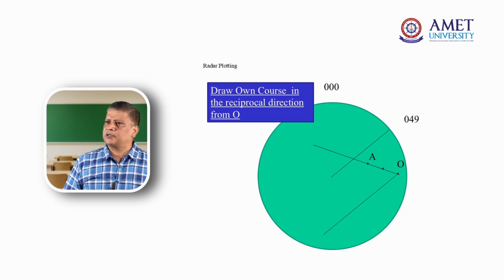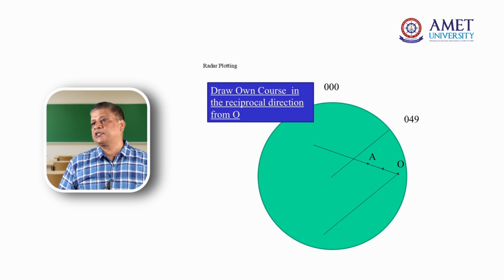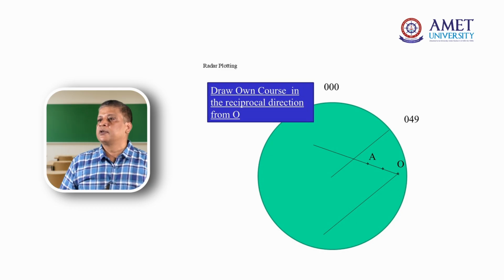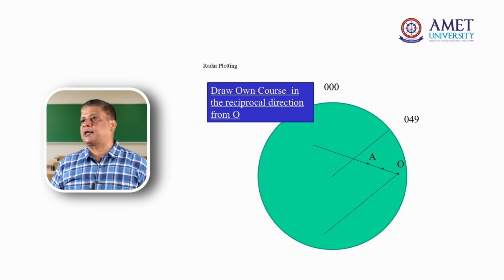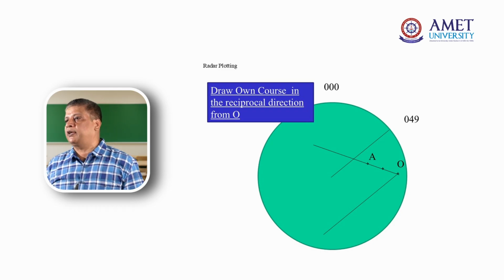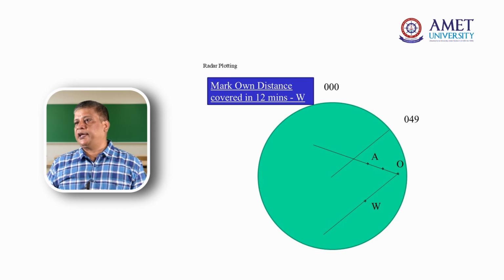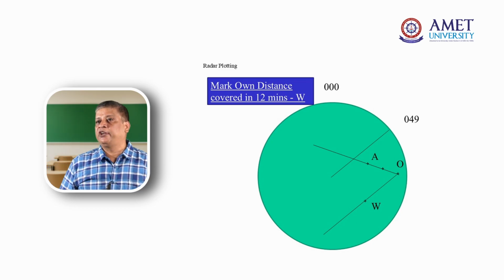Now you may ask, I am steering 049, why do I have to draw it in the reverse direction? The reason being the target has already moved from O to A. So we need to draw it in the reverse direction to complete the triangle and to find out the other features of the target.